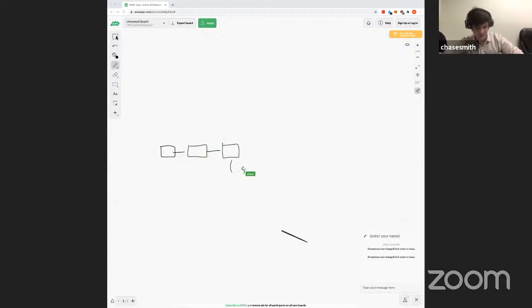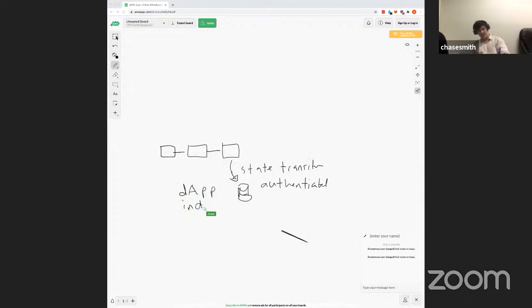Some form of state transition into an authenticated data structure. I think that this is the methodology that we're focusing on for the read layer, just to push information off of the actual full nodes.